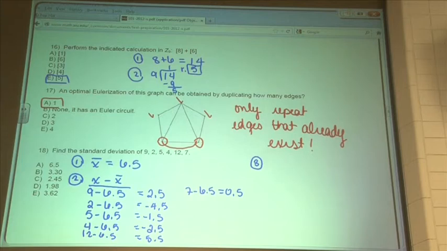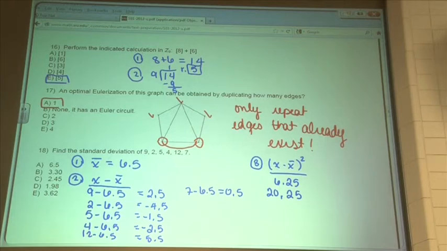we have to take each of these values, x minus x bar, and square it. So down the line, 2.5 squared gives us 6.25. Negative 4.5 squared gives us 20.25. All of these values in step 3 should be positive, by the way. They should all be positive.